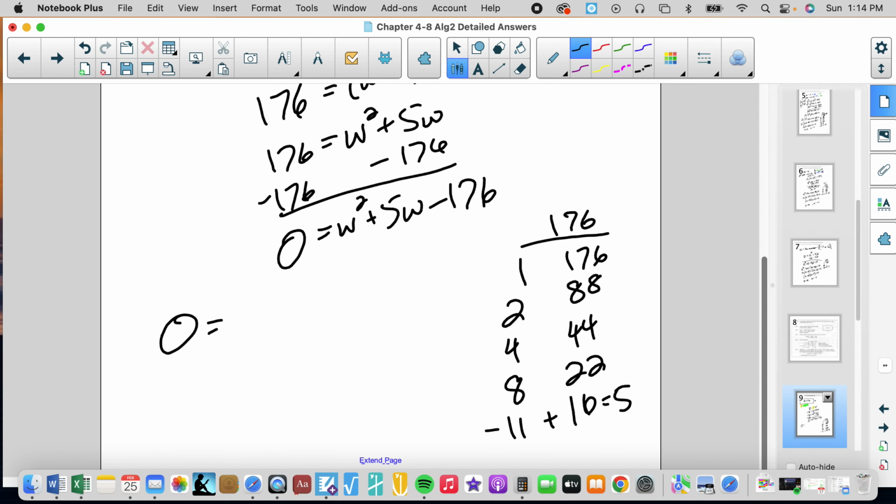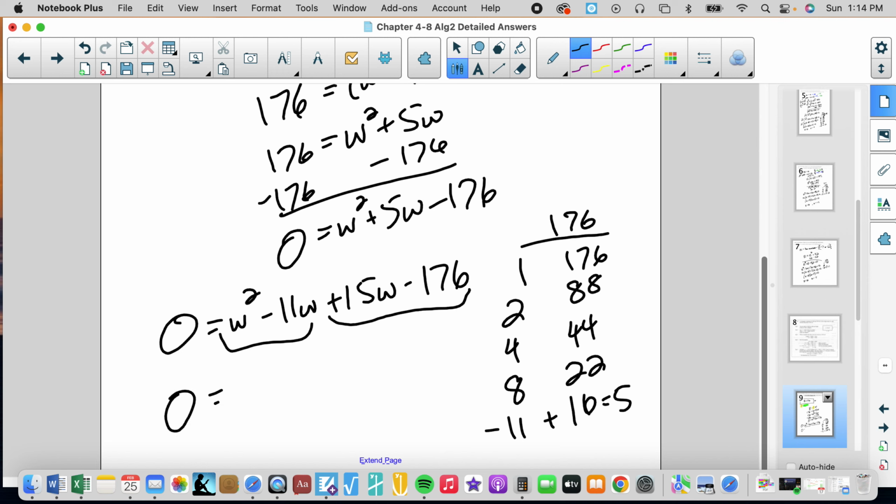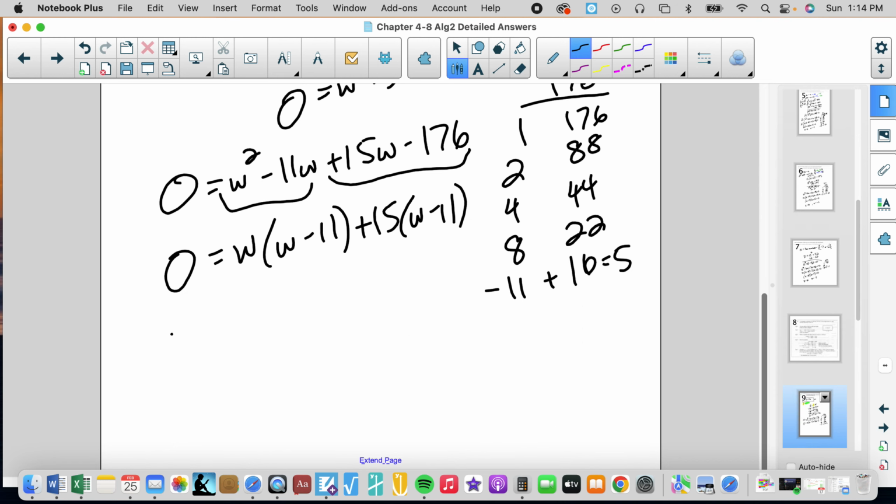So 0 equals W squared minus 11W plus 15W minus 176. Factor by grouping. W minus 11 plus 15, W minus 11. 0 equals W minus 11 times the quantity W plus 15. You're going to like this.